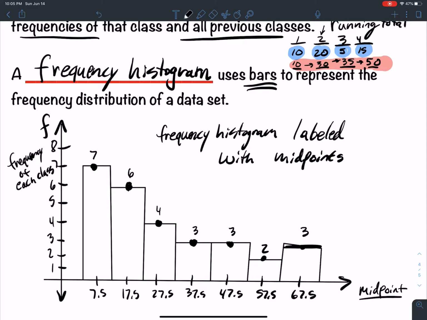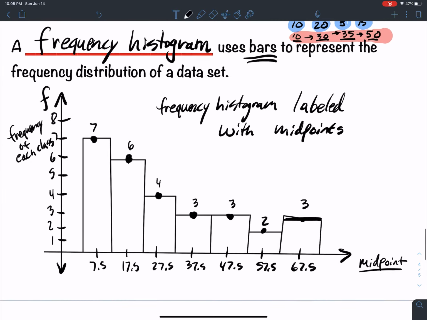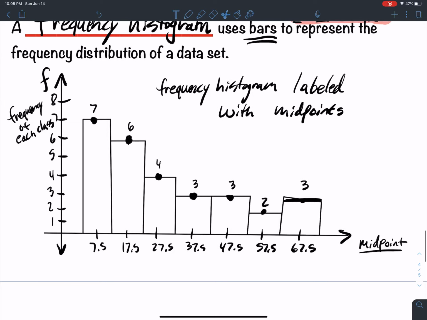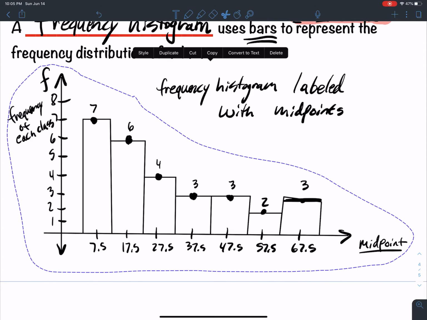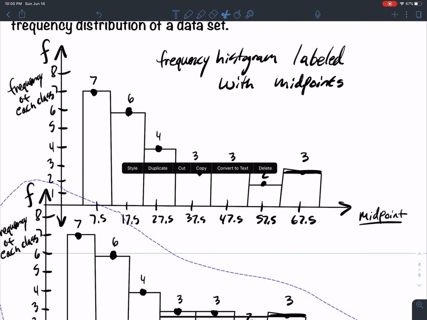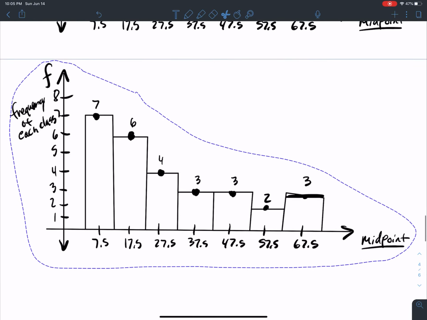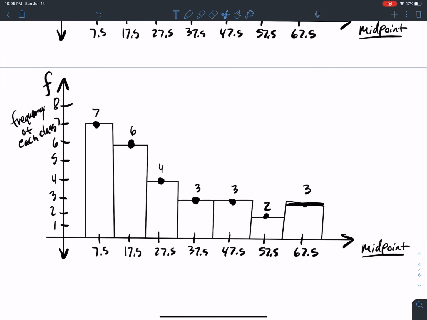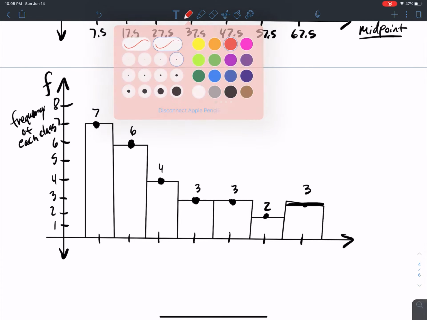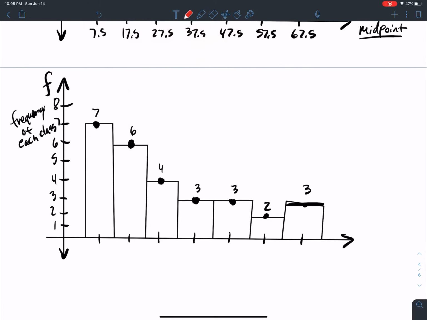Now, there is another way to label frequency histograms, okay? And so what I'm going to do is I'm going to copy this and drag it down here. So I'm kind of cheating, all right? And I'm going to get rid of these little points here, okay? So the other way to do this is with class boundaries.